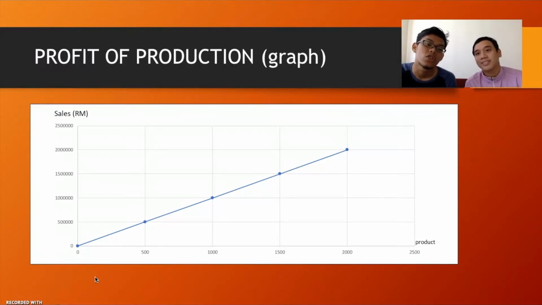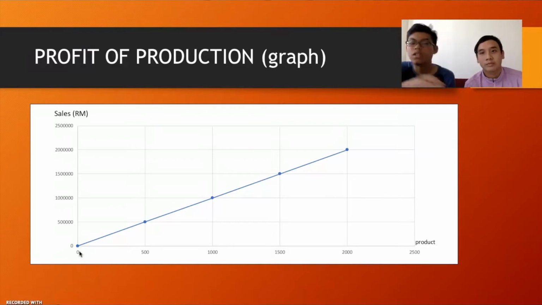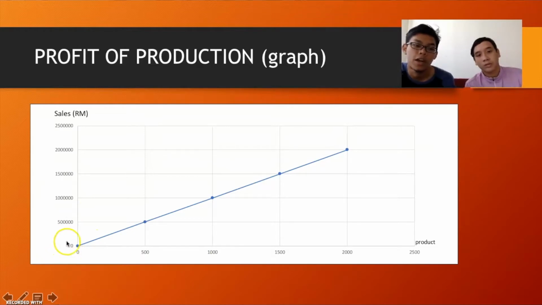Okay, we assume that we start the graph at the origin because if we don't have any production, we cannot sell anything. So we start at the origin. The x-axis refers to the production we have sold, and the y-axis is the sales from the production that we have sold.